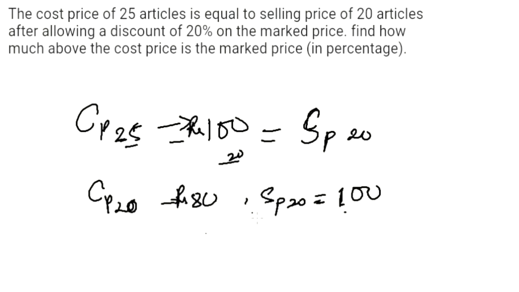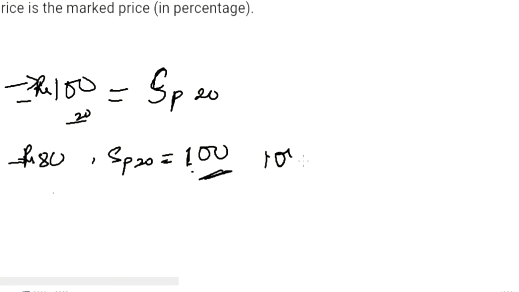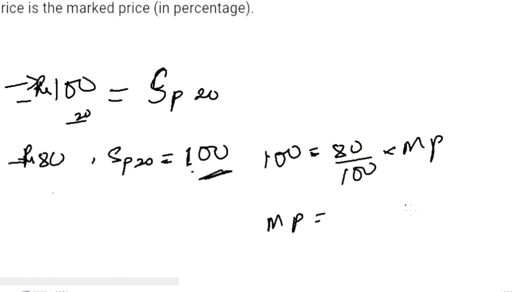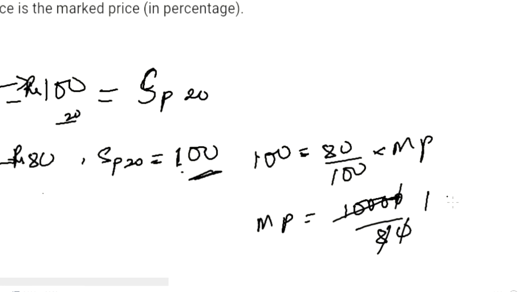Now you can solve the question between these two. This is 20% discount of mark price. That means 100 is how much? 80 by 100. Like I said again, this is mark price, right? 8 ones are 8, 8 twos are 16, 8 fives are 40.